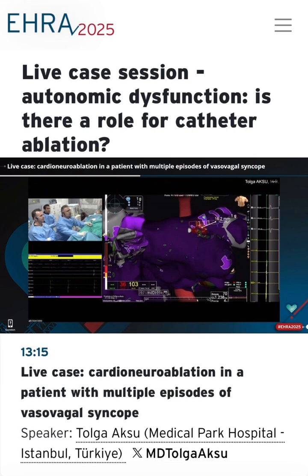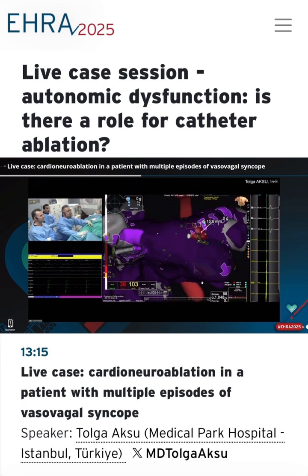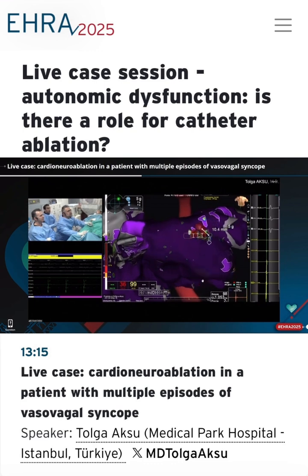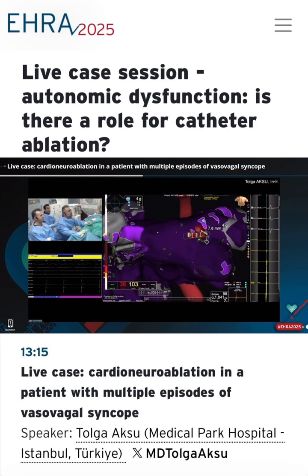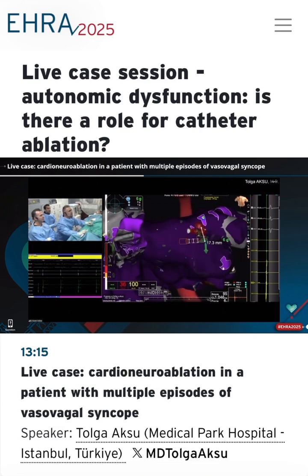We are trying to ablate all peak frequency and fractionation sites. Yes. Here we go. I'm trying to increase the contact.